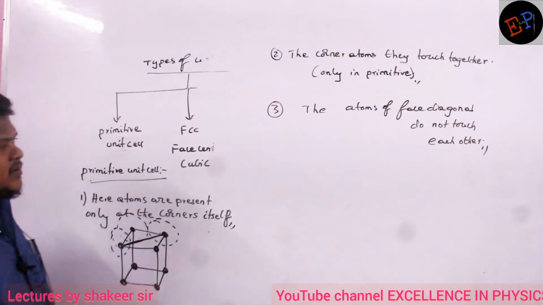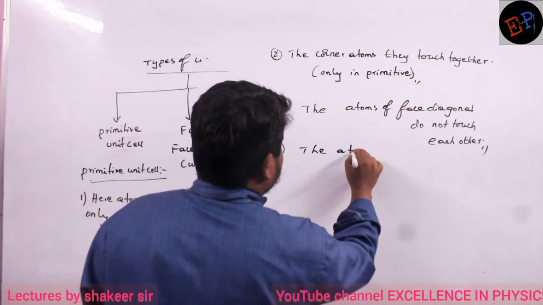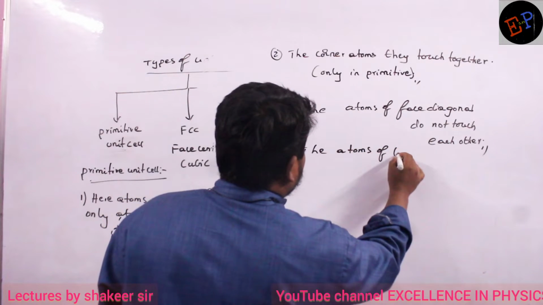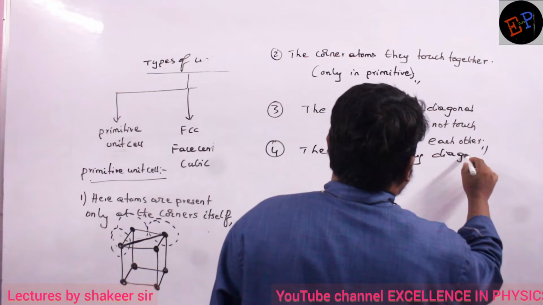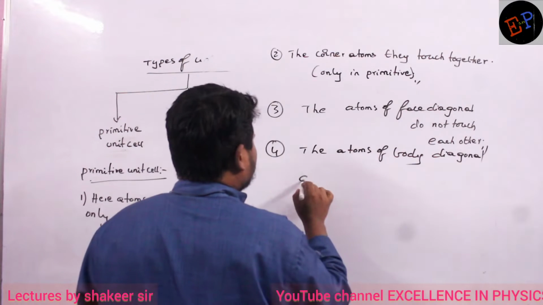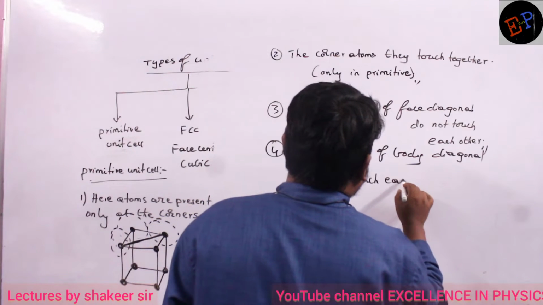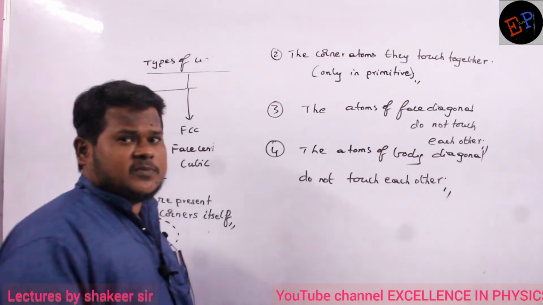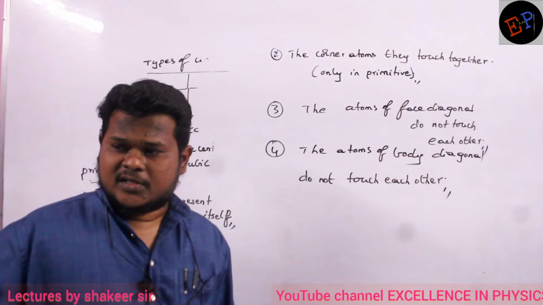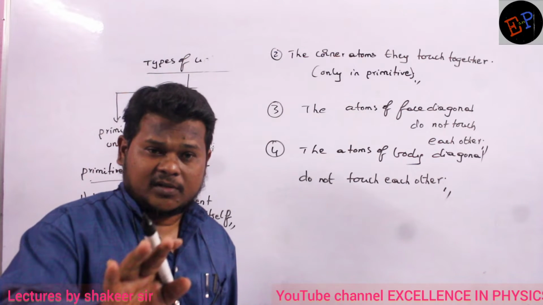Another point. Okay, ma? The fourth point is that the atoms of the body diagonal do not touch each other. So the atoms present on the face diagonal will not touch, similarly the atoms present on the body diagonal also will not touch.